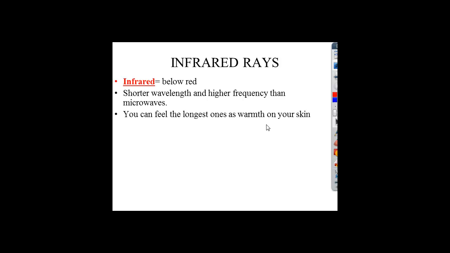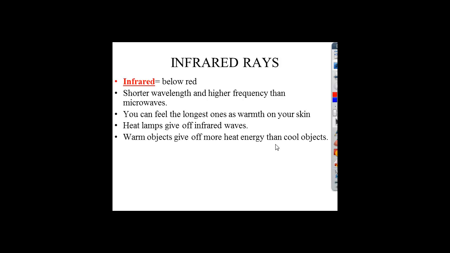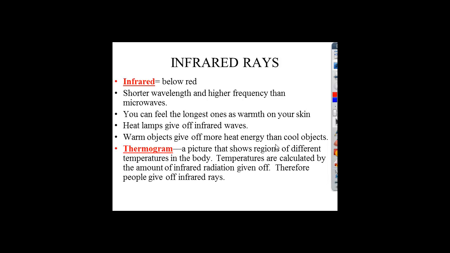Something that you're probably familiar with, anything that causes you to feel some warmth, that is usually infrared. Heat lamps, warm objects. You probably have seen a thermogram, even if you didn't know that's what it was called. The military uses these a lot, where they have heat-seeking missiles, or they have night vision goggles, that actually creates a thermogram where they can pick up different temperatures of everything that's surrounding them.